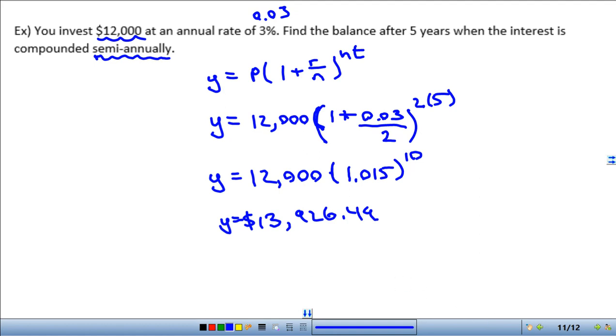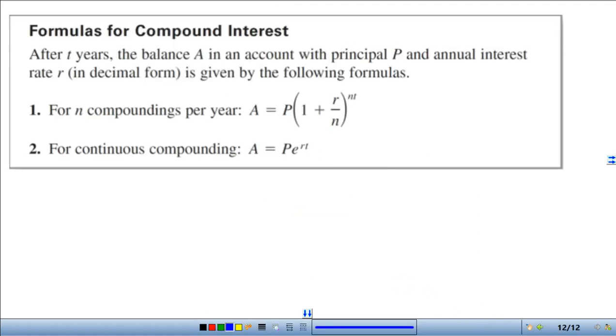So there you are. Another thing that you need to know is A equals P e to the rt. Now, this is for continuously compounding. So it's not something where it compounds a certain number of times a year. I'm talking it goes on like every second, every minute, every hour of every day, it's accruing interest.